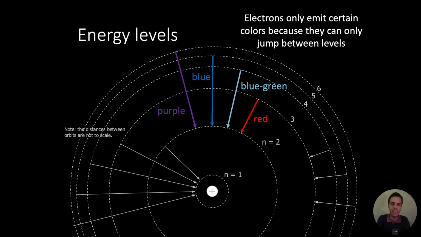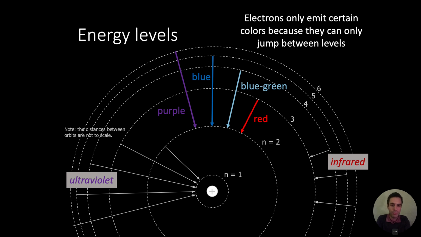They're just invisible light. So any jump to level 1 releases ultraviolet light. Any jump, or drop, to level 3 releases infrared light. So this is the reason why atoms and the electrons in atoms can only emit specific colors, because they can only be on an energy level.